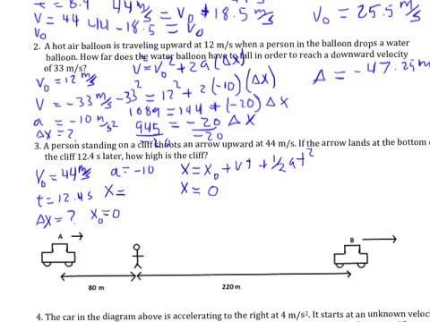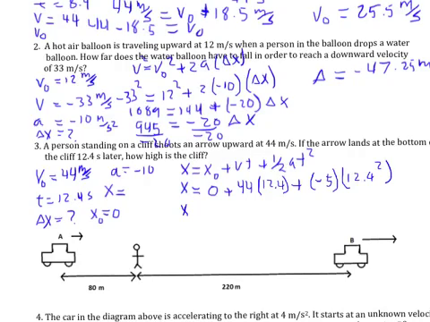We have v, the initial velocity, a positive 44 meters per second times the time, which is 12.4 seconds, plus 1/2 of a. Now a is negative 10, so I'm just going to write negative 5, because that's half of negative 10, times 12.4 squared.